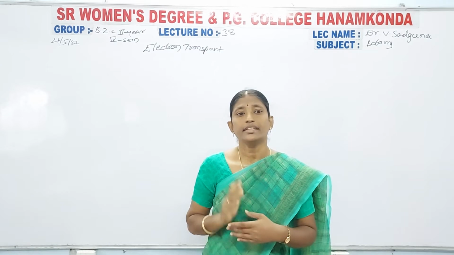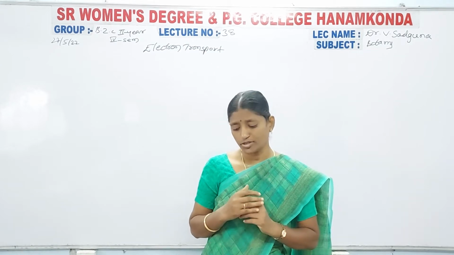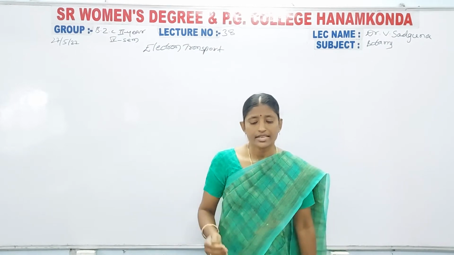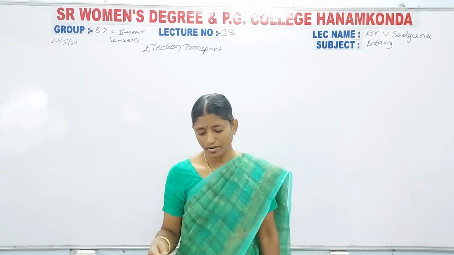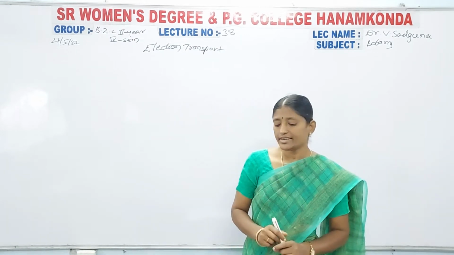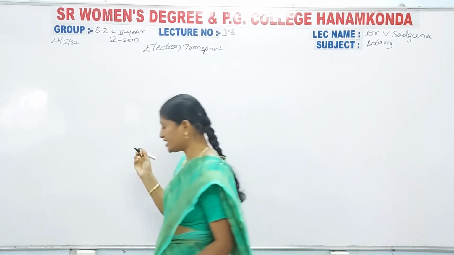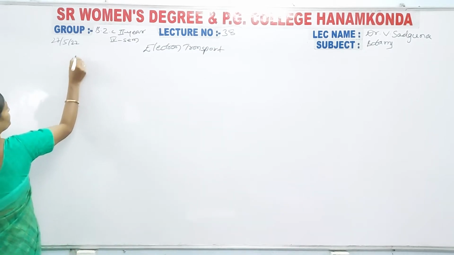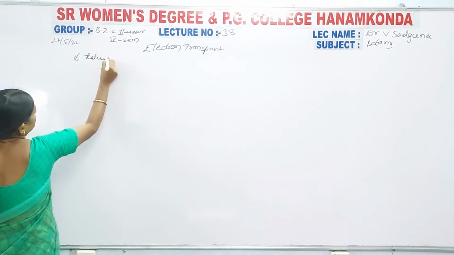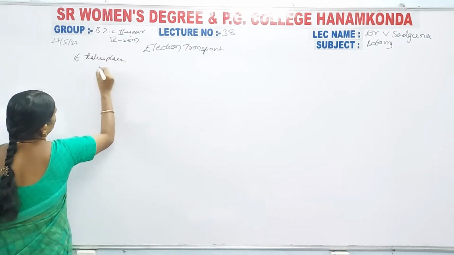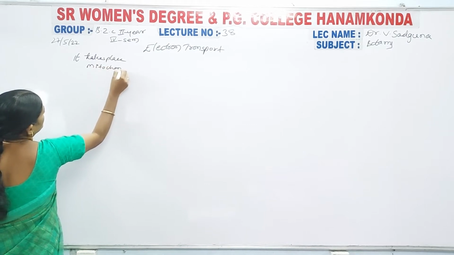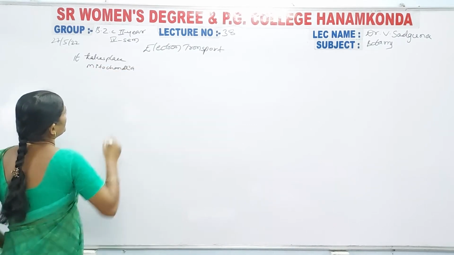So the electron transport also takes place in the mitochondria. It takes place completely in the mitochondria.